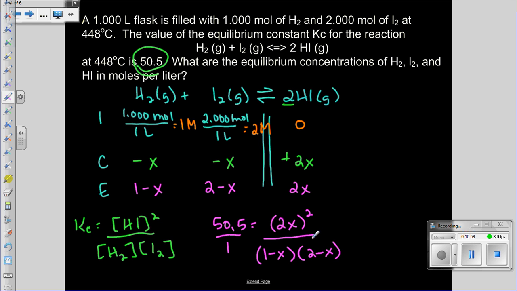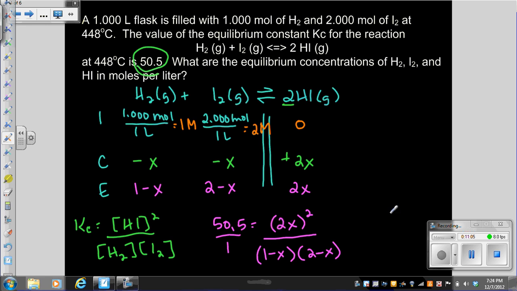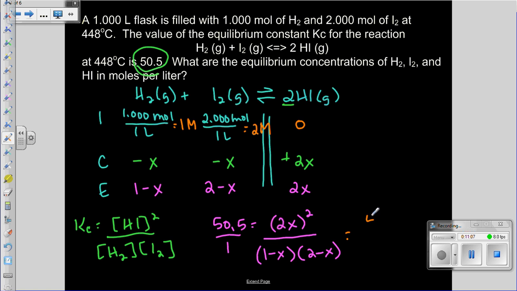So I need to do some math, and I'm going to have to factor. So let's do the factoring first. That will give us 4x squared over 2, minus x and minus 2x, which will be negative 3x, plus x squared.